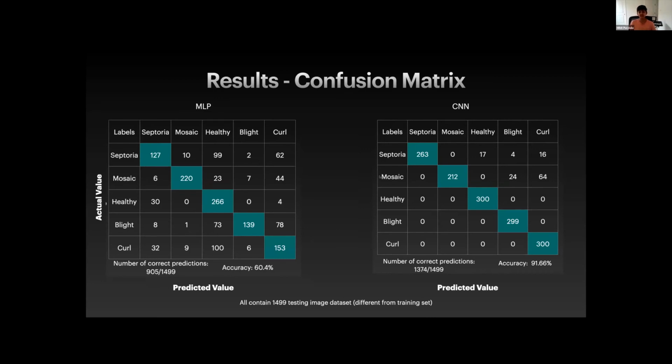Now we see the mosaic and septoria diseases predicted incorrectly. This is possibly due to some data problems where some of the images are very close in resemblance, and that could be fixed with some manual tweaking. But overall, I'm pretty happy with how it performed.